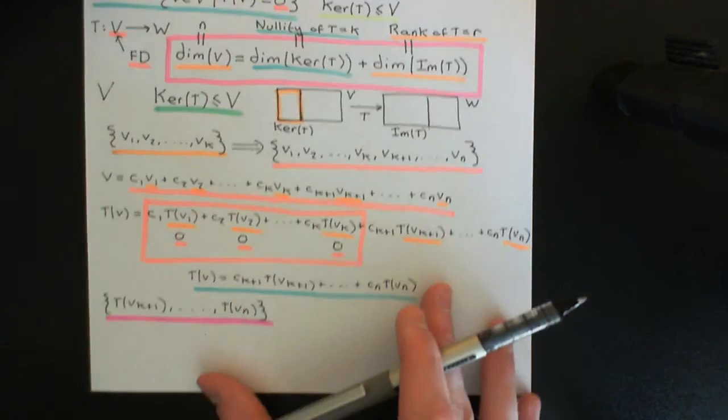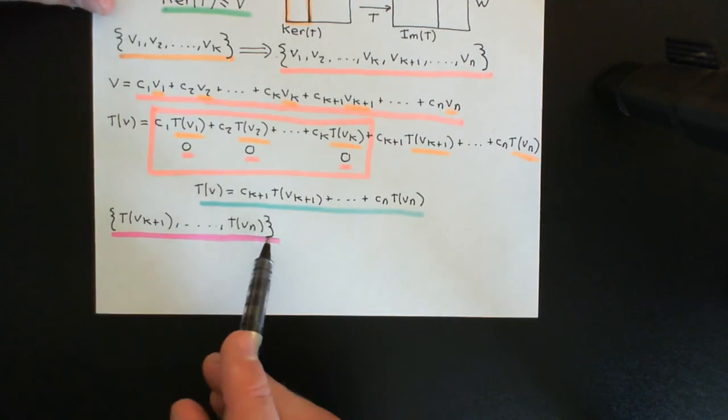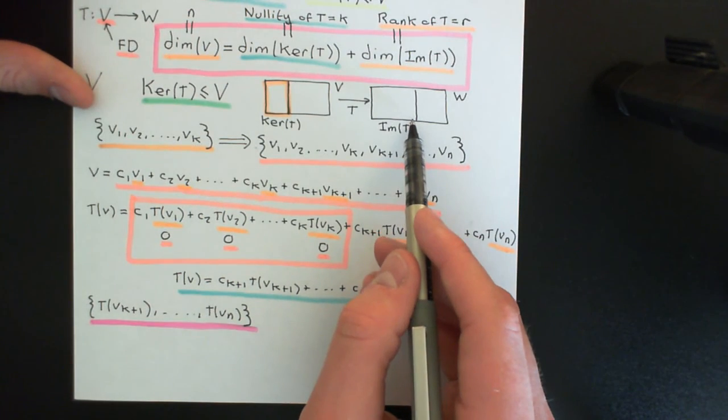Okay, so I claim that this is a basis for the image of the linear transformation.